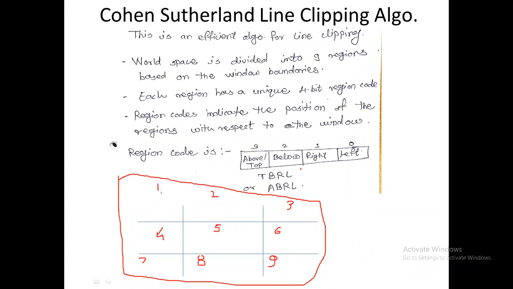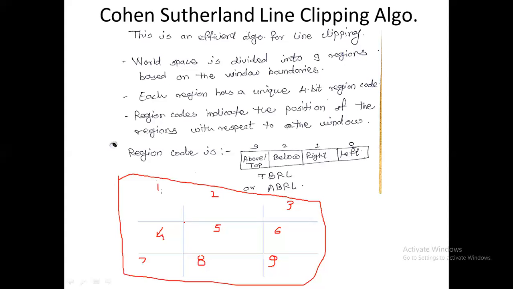This is the legend for that region code, and each bit has some meaning. Bit 0 is assigned for the left window boundary, 1 for the right window boundary, 2 for the below window boundary, and 3 for the top or above window boundary.